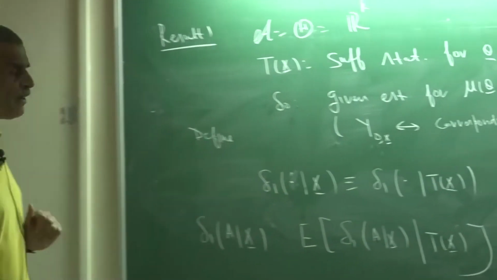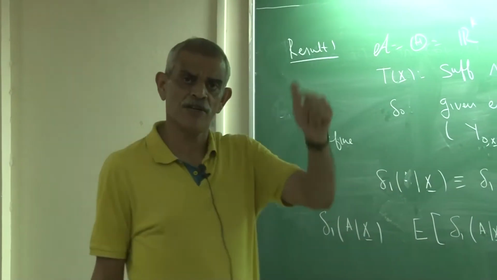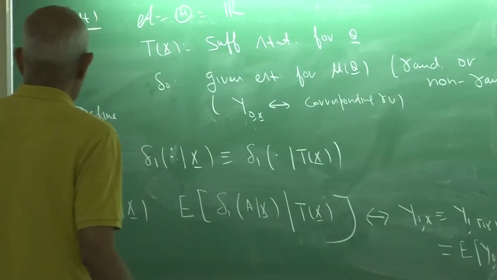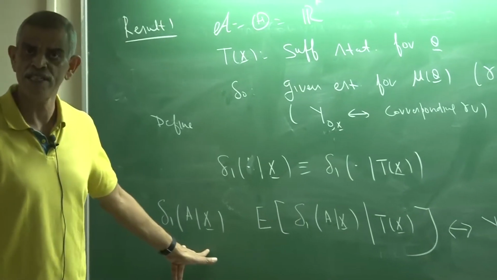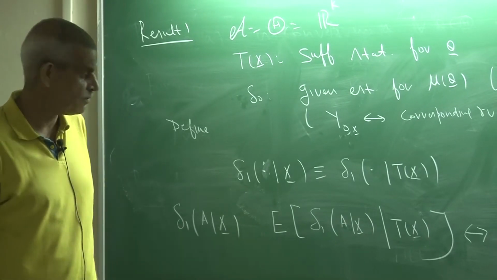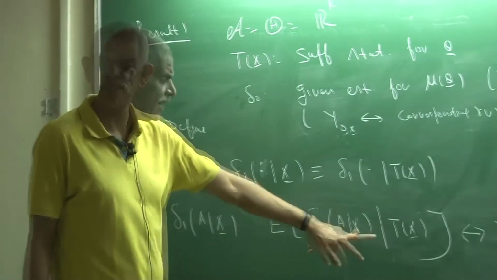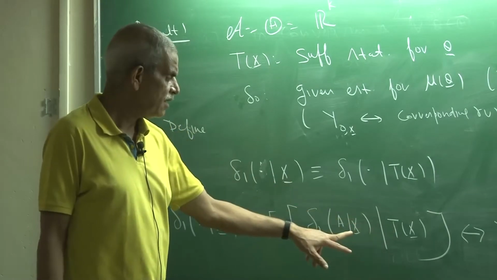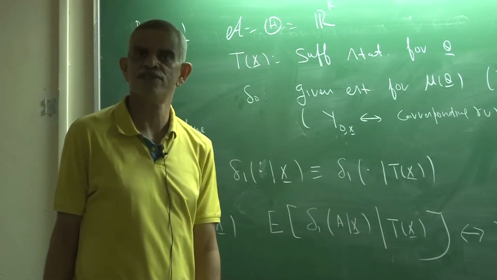Now the only issue could be when you take the expectation, your expectation may depend on unknown parameters. So you have to make sure that this is a proper estimator. That means it only depends on x and nothing else, because it may also depend on theta when you are taking expected value. But since Tx is a sufficient statistic, distribution of x given Tx does not depend on theta.